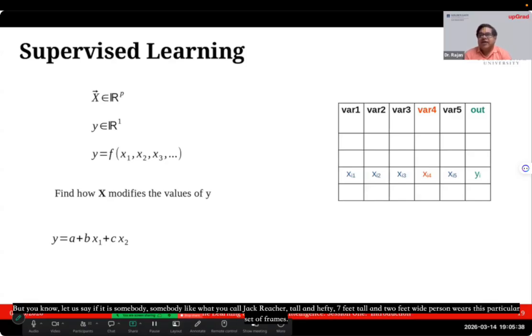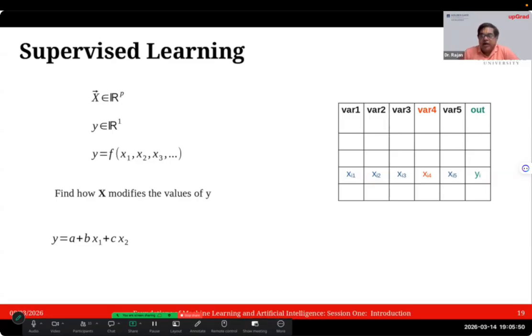But let's say it is somebody like Jack Reacher, tall and hefty, 7 feet tall and 2 feet wide, who wears this particular set of frames, and I look at it and go and purchase this. I'm 5 feet tall and 1 foot wide, very different. When I wear this, I say it doesn't look good.